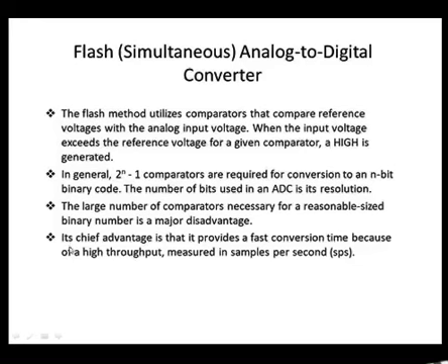A major advantage is that it provides a fast conversion time, so its name is flash because of the high throughput, and this throughput is measured in samples per second.